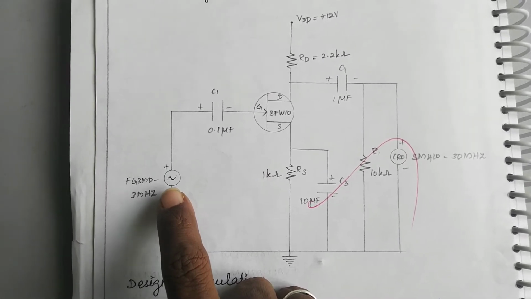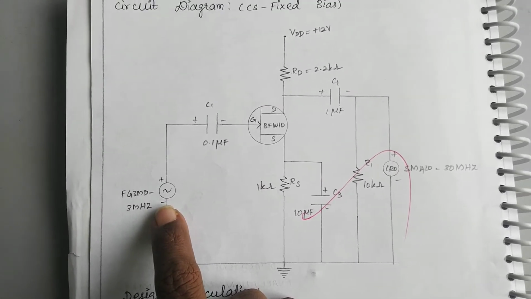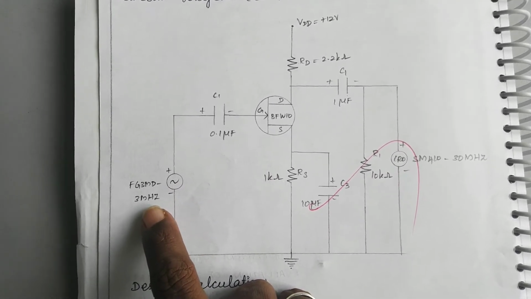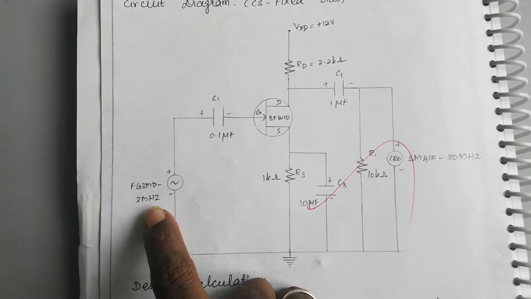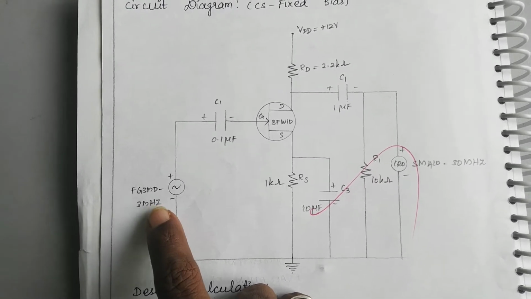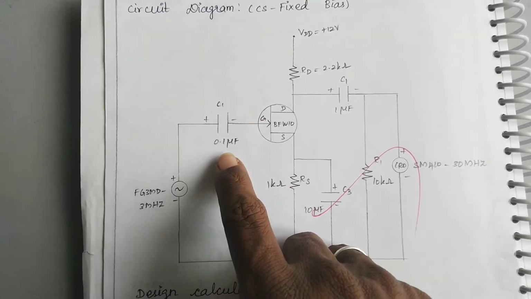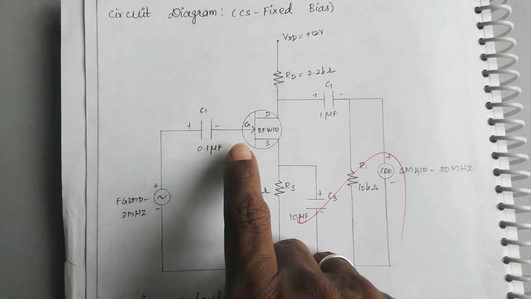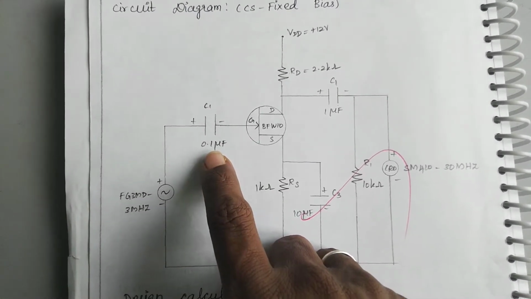It may be a sine wave, cosine wave, square wave or triangular wave, with a frequency from 3 hertz to 3 megahertz. This is the capacitor connected across the gate, the coupling capacitor.